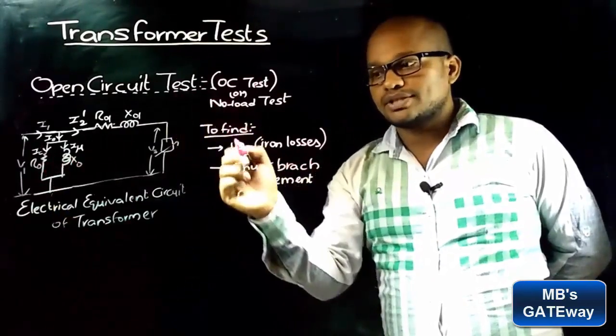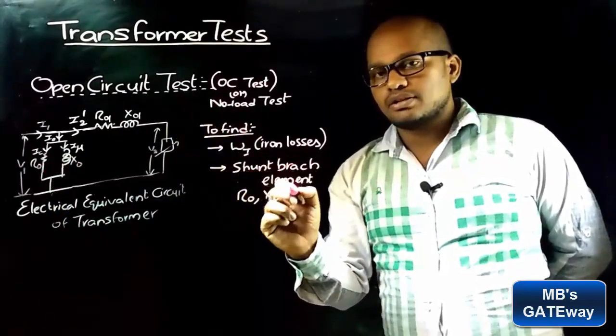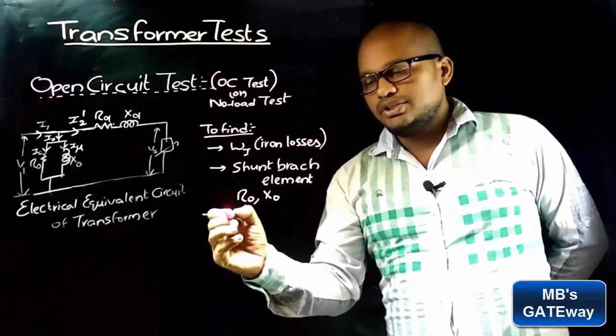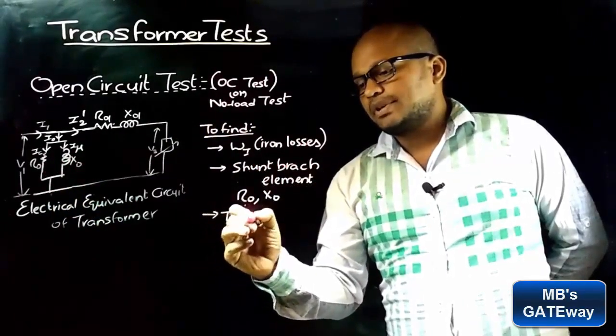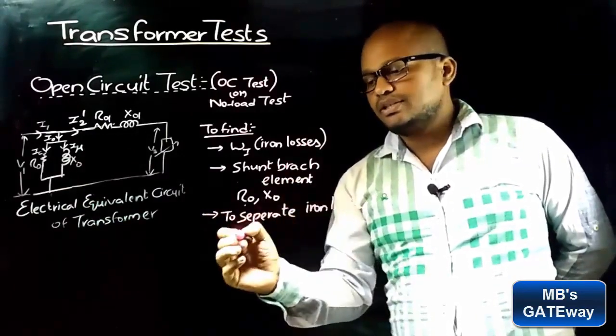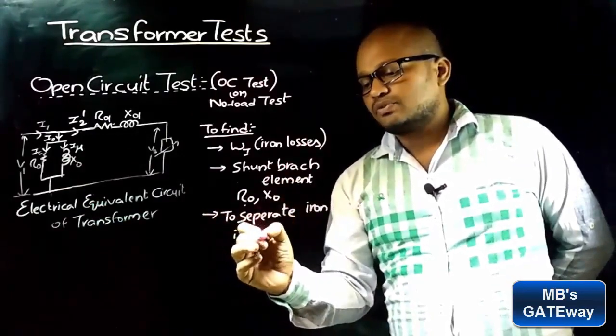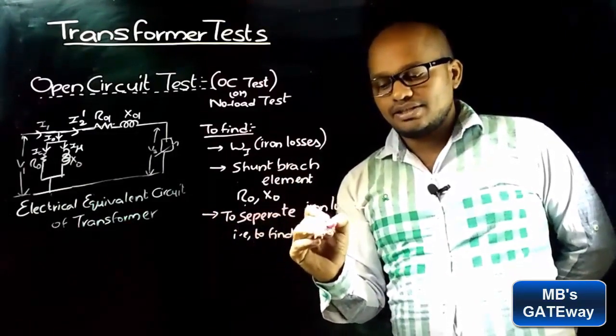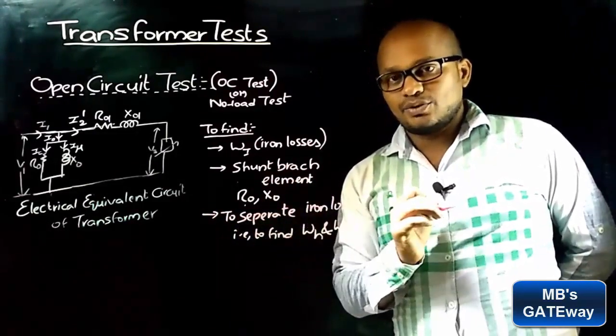So open circuit test is also used to find out the shunt branch elements R0 and X0, and to separate iron losses, that is, to find hysteresis losses and eddy current losses.